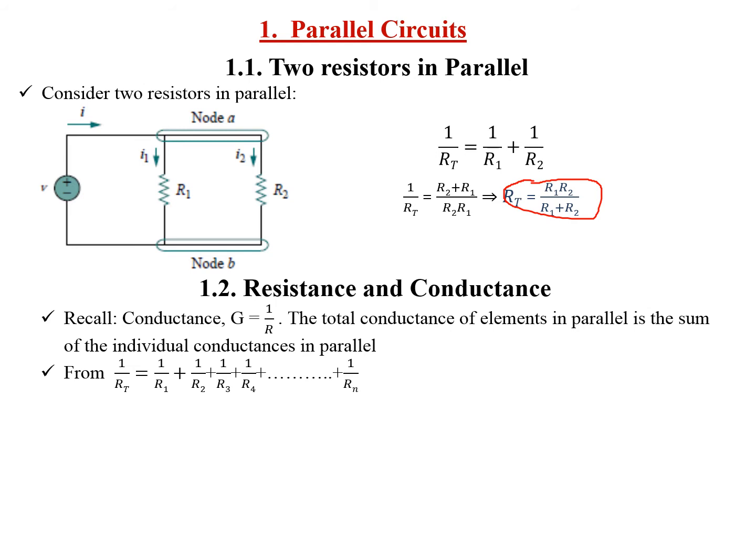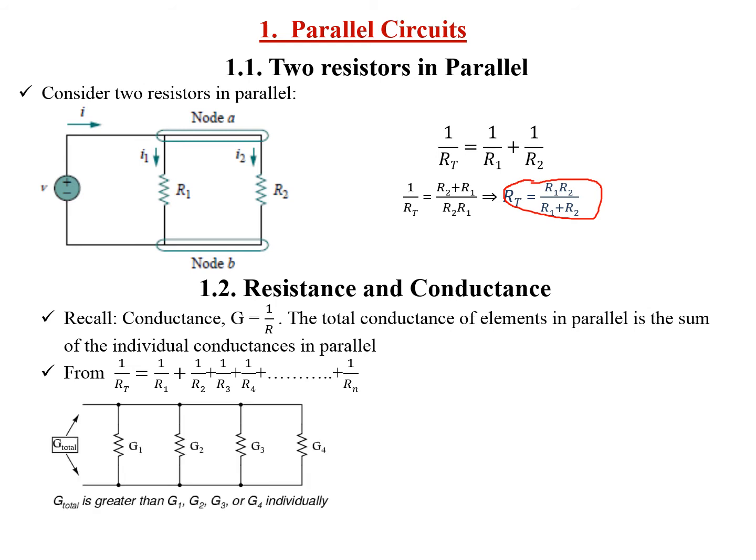But we said G is equal to 1 over R. What it means is that the total G is equal to G1 plus G2 plus G3 plus G4. Then if G1 up to whatever is the same value, say G, then the total conductance GT is NG, right? So that is what you do. You add conductances when components are in parallel.